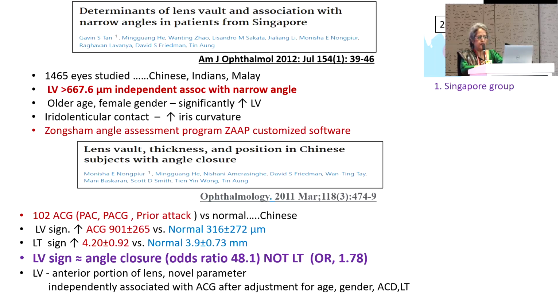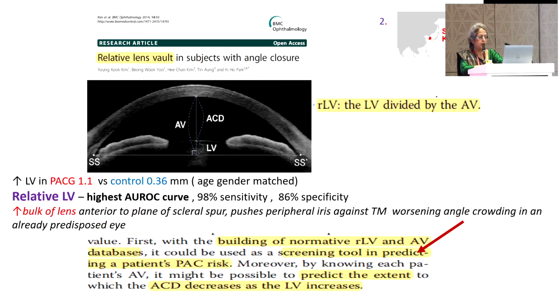So let's look at a few of these studies. From the Singapore group, a study of almost 1400 eyes in different ethnicities, Chinese, Indians and Malays, said that lens vault of more than 667 was independently associated with narrow angle. However, from the same center, when they did studies only in Chinese patients, they said again the lens vault was significantly higher, the angle closure odds ratio was much higher, and lens thickness was not associated with angle closure glaucoma.